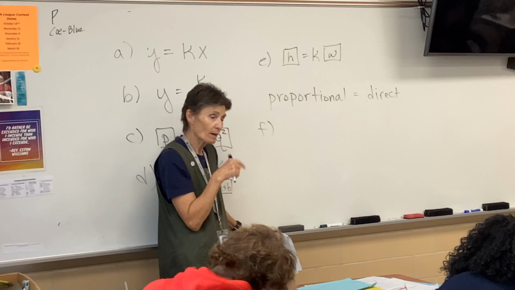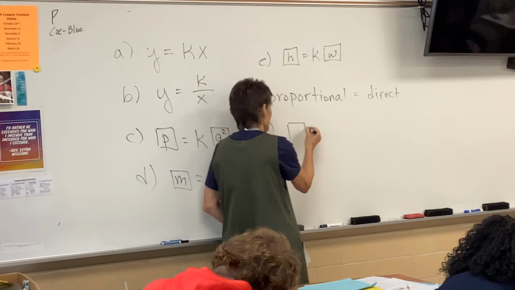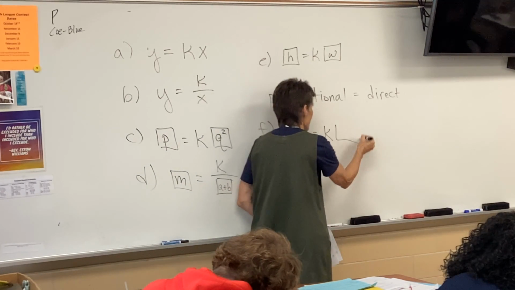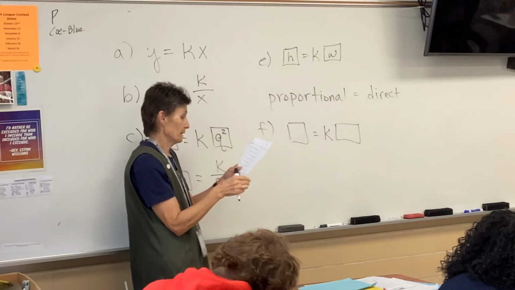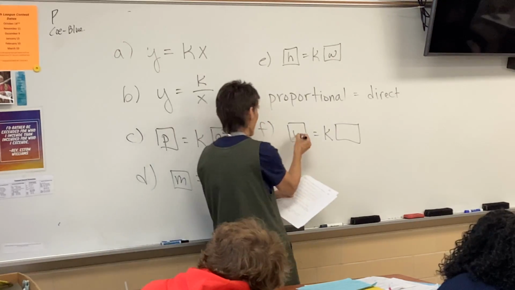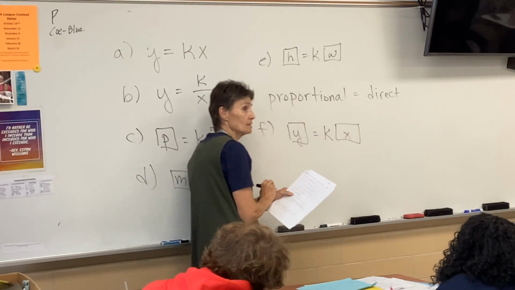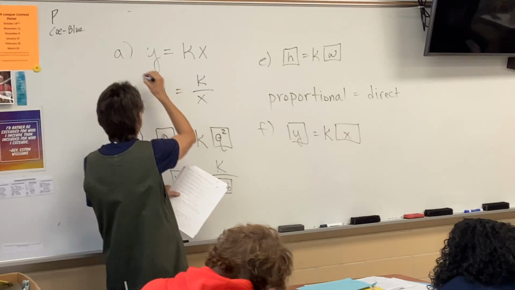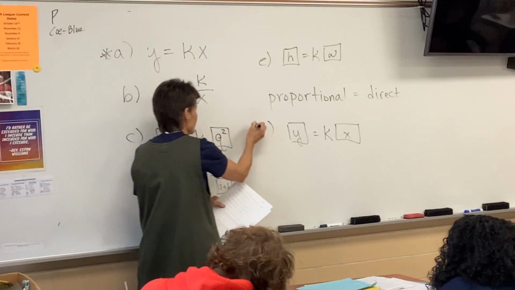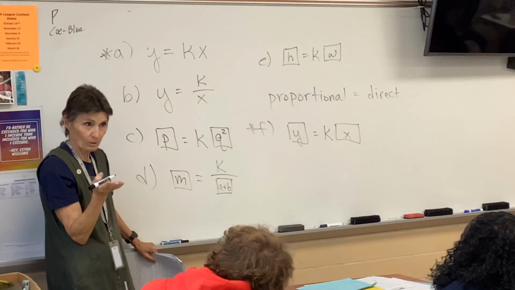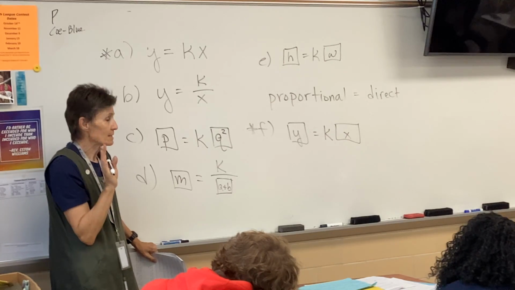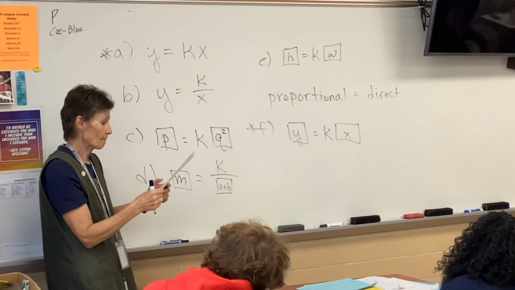So what is my direct formula? Something equals k times something. In letter F, it's y and x again. So the answer to A and the answer to F are exactly the same. Worded differently, but means the same thing.